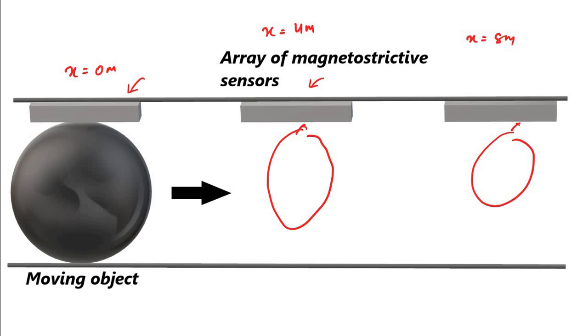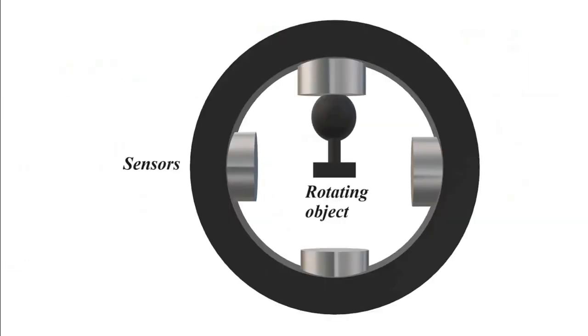Then if we want to measure angular motion or angular displacement, it can be like this. We have a circular design where the sensors are placed at different angles. First it is at theta equal to 0 degree, then theta at 90 degree, then a sensor is placed at 180 degree, then 270 degree, and then again 360 degree or 0 degree.